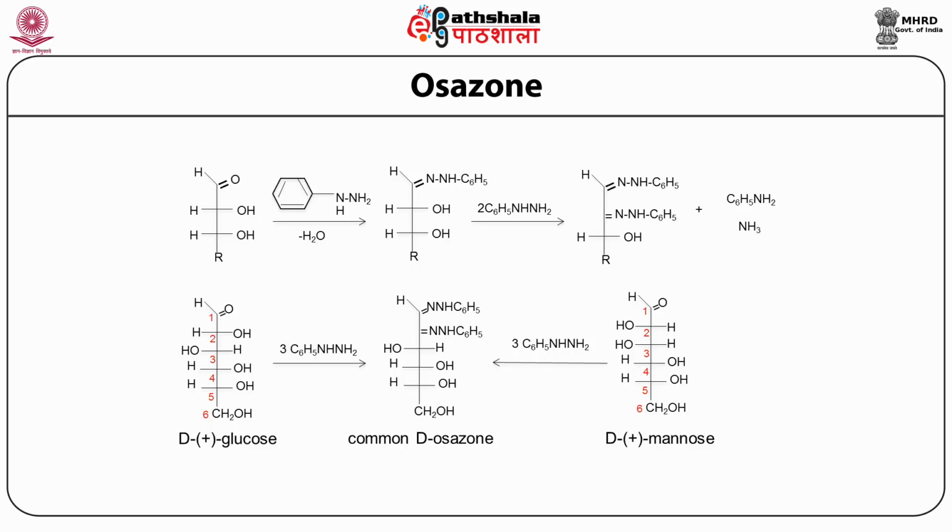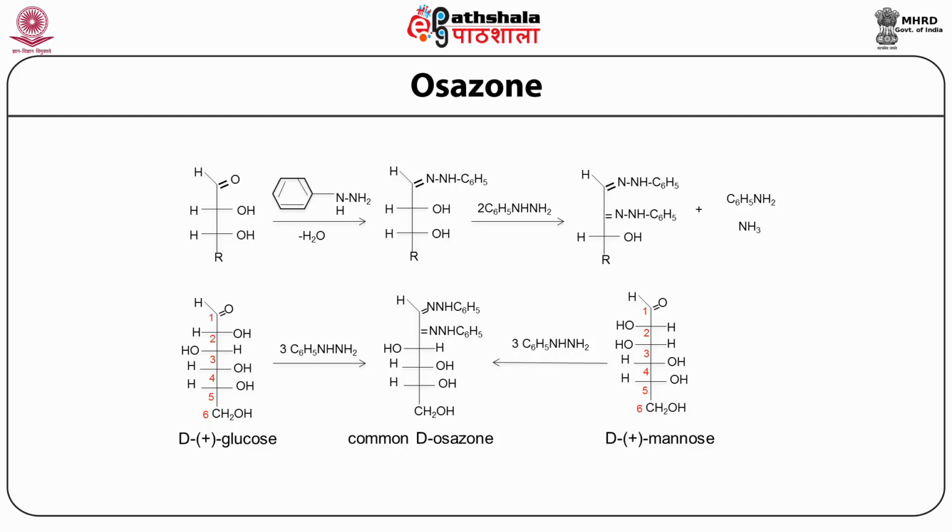The byproducts that are generated in this reaction are aniline, ammonia, and water. And so you see that glucose and mannose, both of them will give rise to a common osazone derivative. These osazones, because they are crystals, fall out of the solution, and depending upon the kind of sugar that we began with, the shape of these crystals will differ.